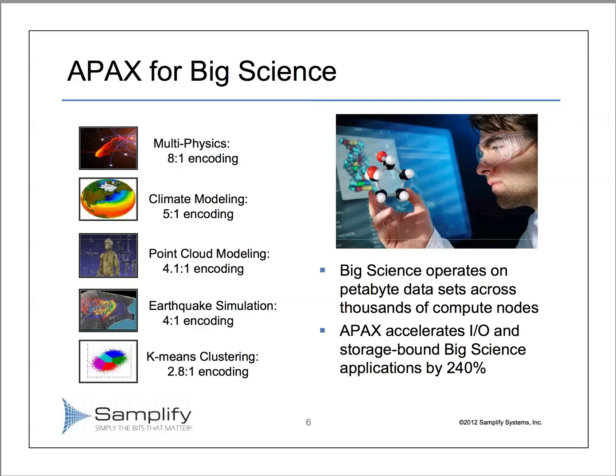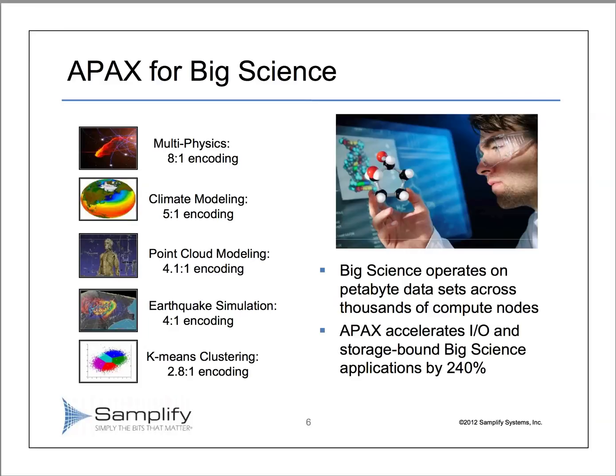And so there are three main applications where Samplify's APAX technology can be used in software. The first is really what we're calling big science, which is high performance computing and supercomputing.